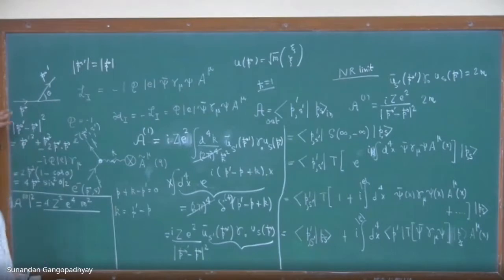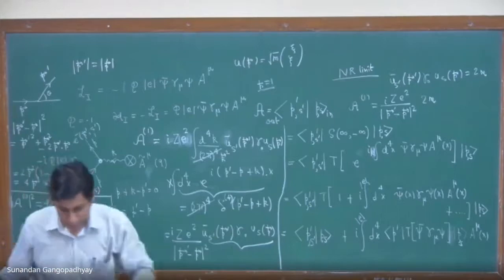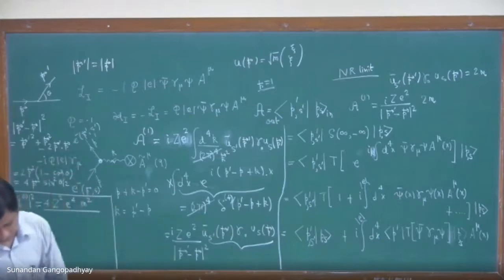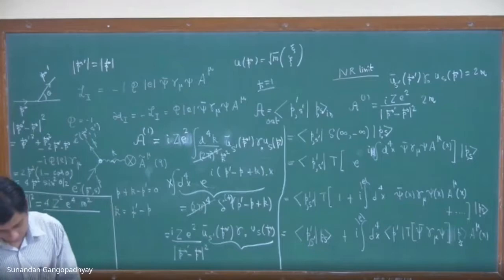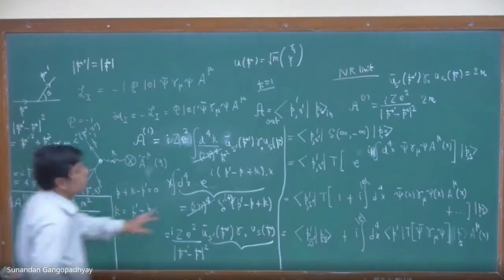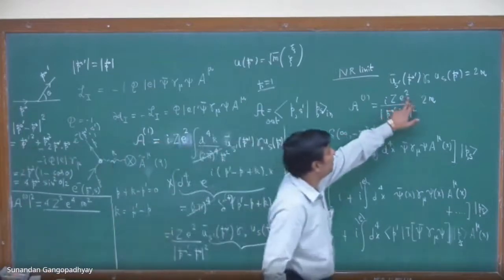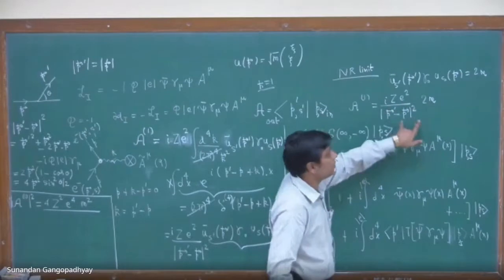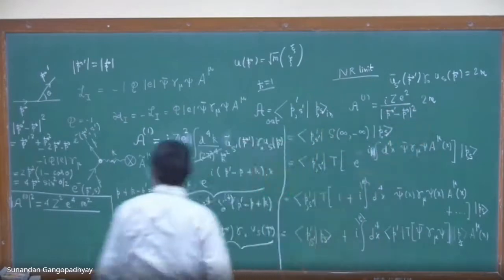Let's write it over here. You should just remember that you have taken a mod square. So this will be z square e to the power of 4, 4m square, and this will be to the power of 4. Right?